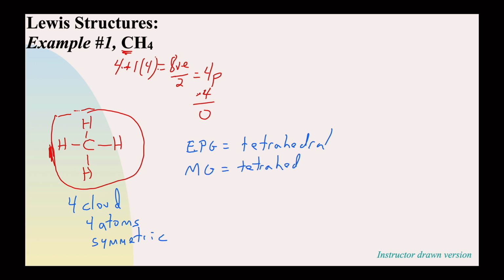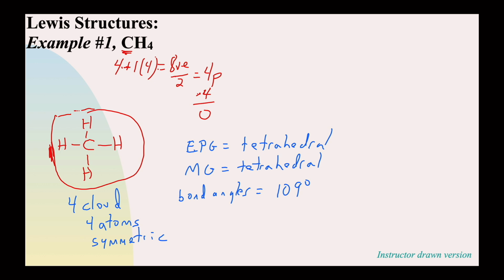If there are no lone pairs around the central atom, the electron pair geometry and the molecular geometry are going to be the same. It also asks about bond angles. If you have a tetrahedral electron pair geometry, that means it's going to be 109 degrees. You can put 109.5, that's okay, but about 109 is totally fantastic.